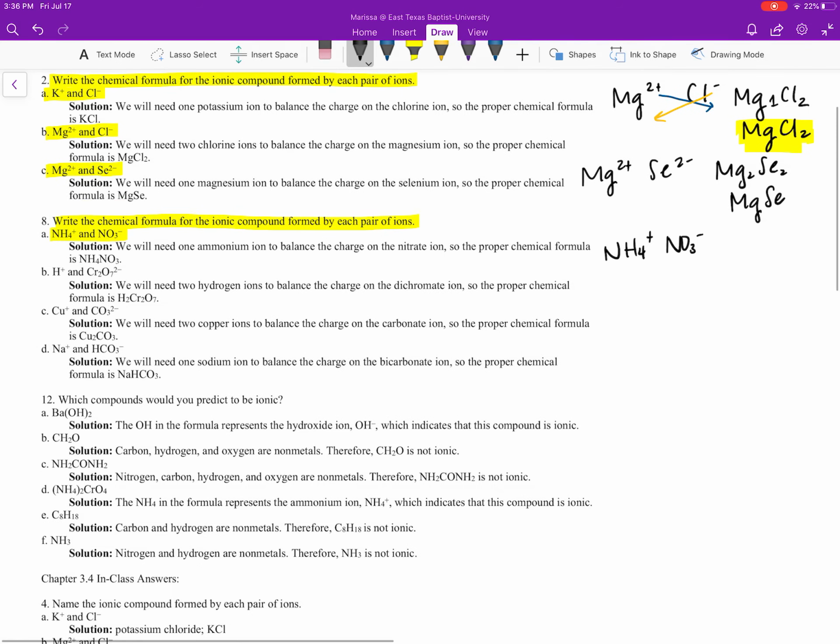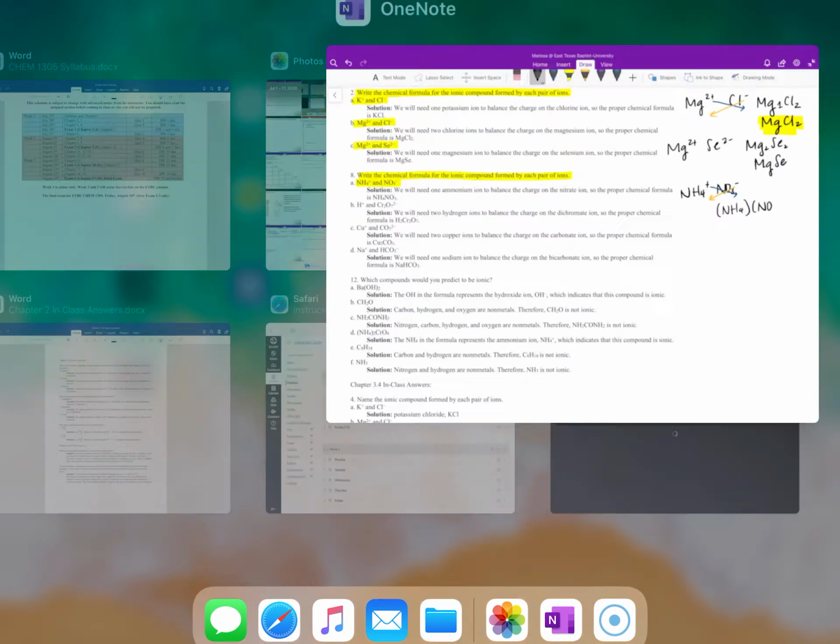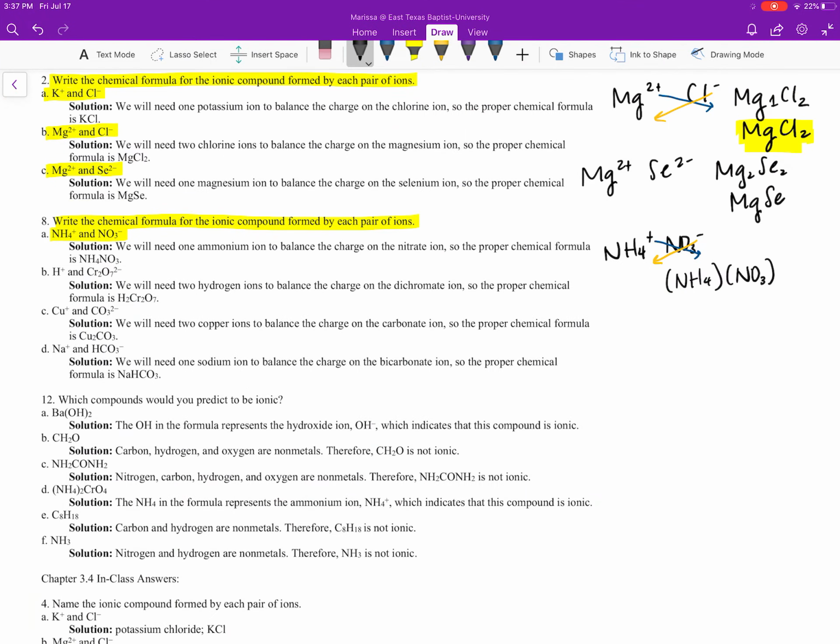So when I flip-flop the charges, I'm going to use parentheses sometimes to protect the group because NH4 is a group and NO3 is a group. So if I want to, I can use parentheses to make sure that my groups are protected, so I'm not breaking up the nitrogen and the hydrogens or the nitrogen and the oxygen.